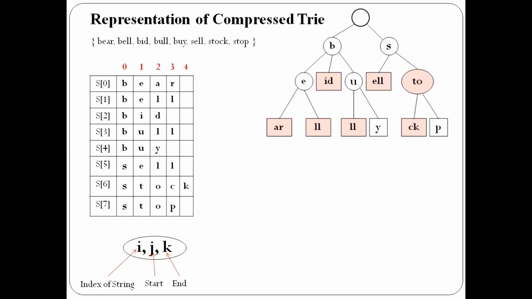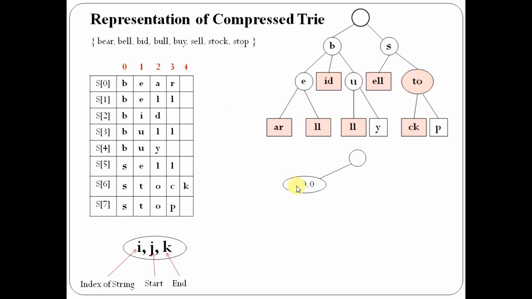This is the compressed tree that we just drew. We have to represent the compressed tree. So first we start with the first, that is character B. Character B appears at index 0. So I have written here 0. Then its starting position is 0 and ending position is 0.